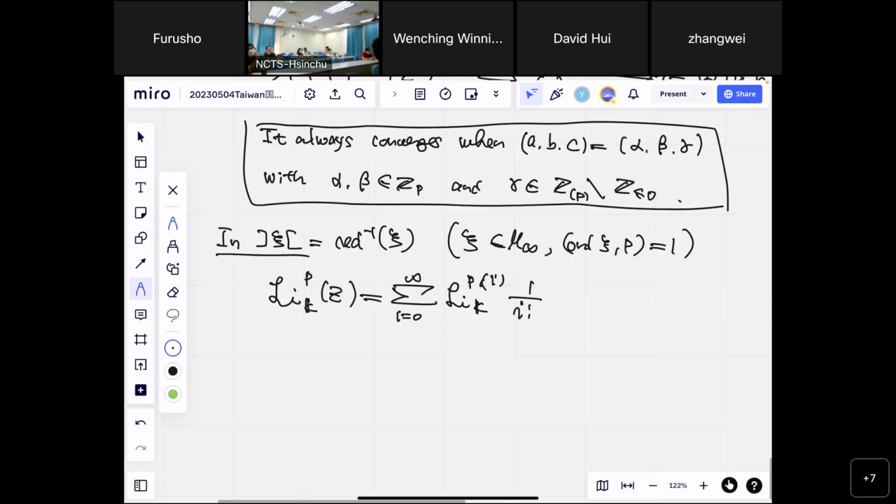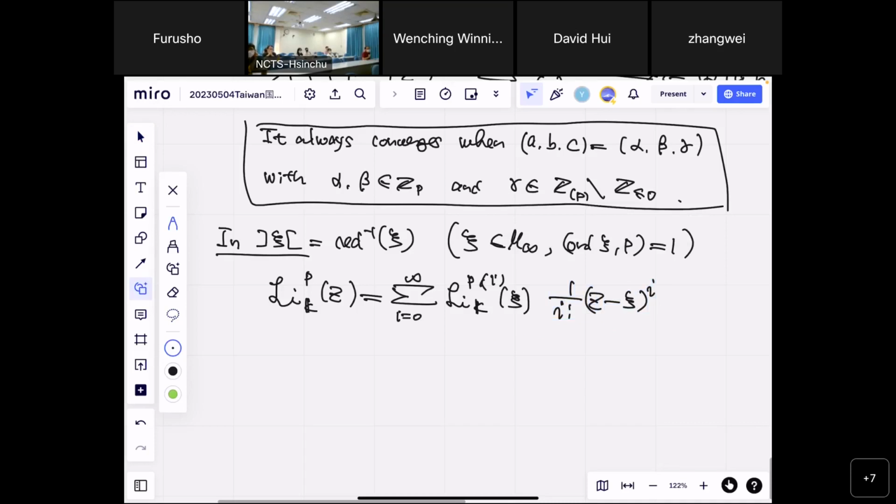Just the Taylor expansion. We have this Taylor expansion at the center of the disk. If you take a differential of a p-adic multiple polylogarithm, it is again a p-adic multiple polylogarithm multiplied by 1 over z and 1 over 1 minus z.